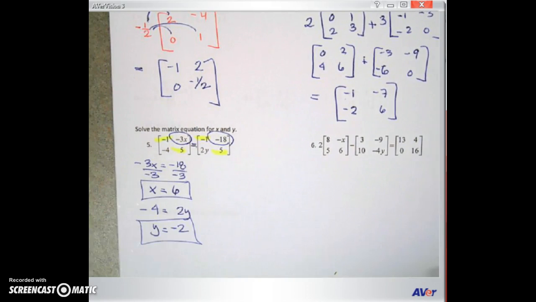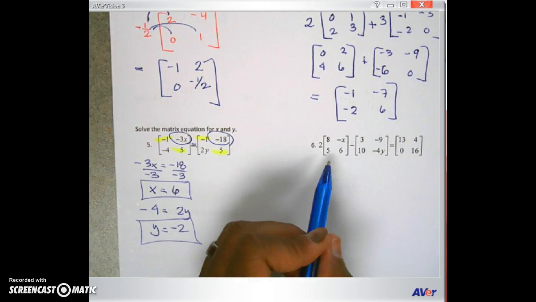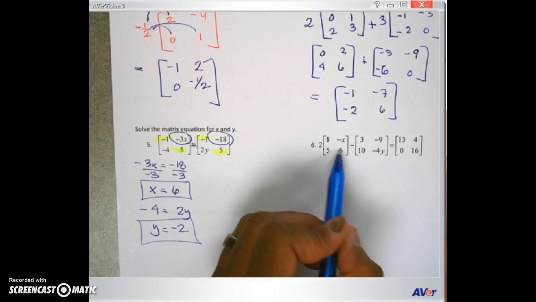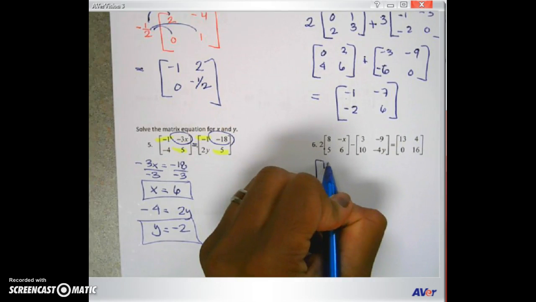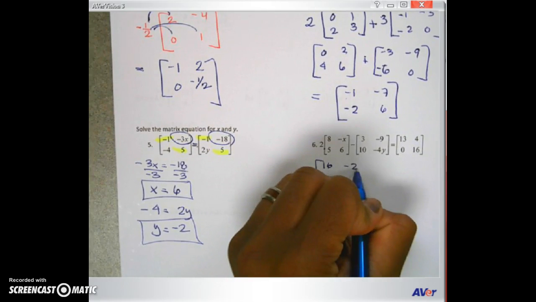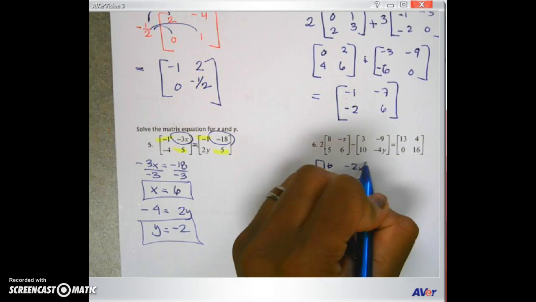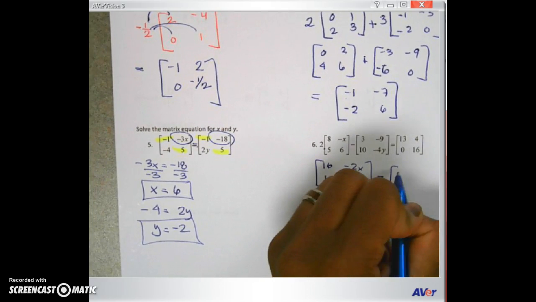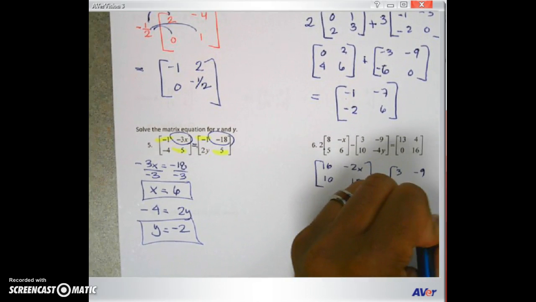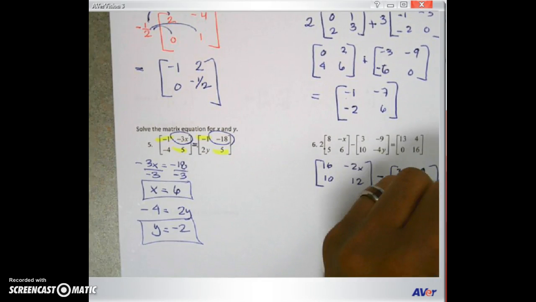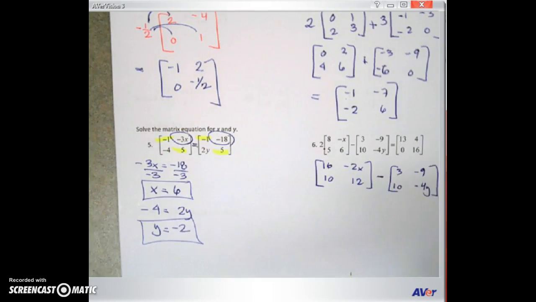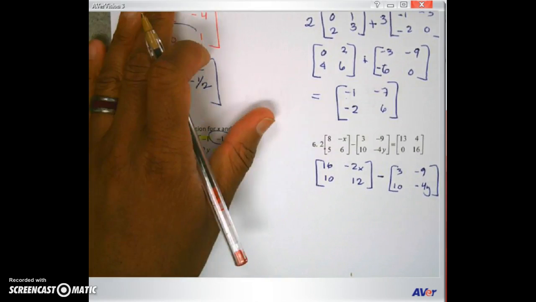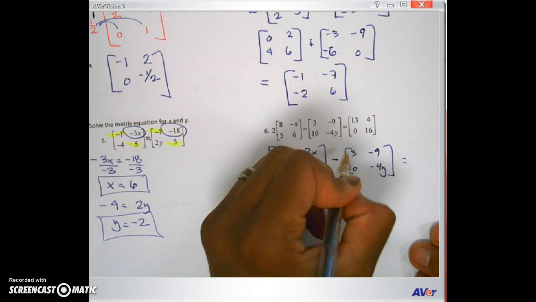Number 6, beautiful people, I would like for you to do a little bit of simplification first. So first distribute this 2, and then combine your like terms. So distributing the 2, you have 16, 10, negative 2x, and 12, minus this matrix we haven't done anything with, so I'm just going to rewrite it. And now, remember that when we are subtracting, my bad, we will be adding the opposite.